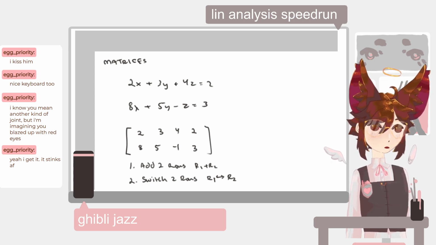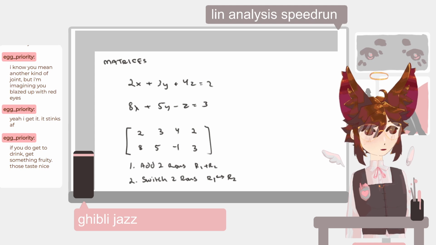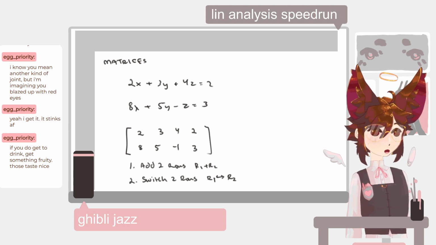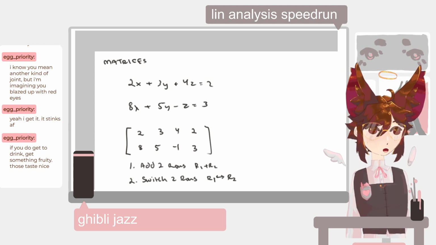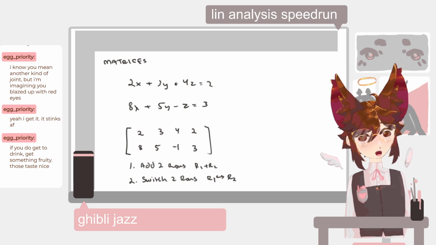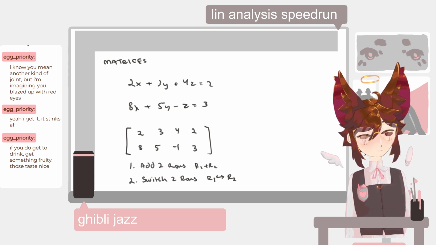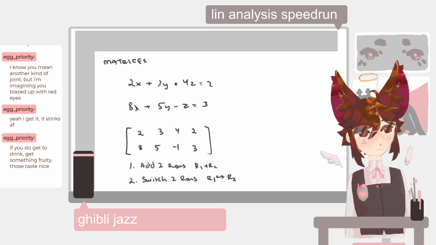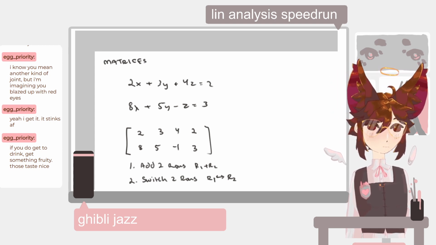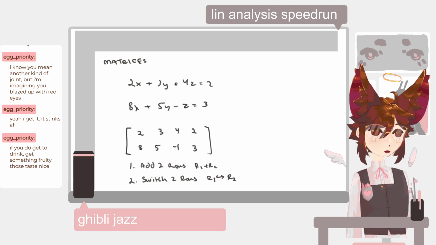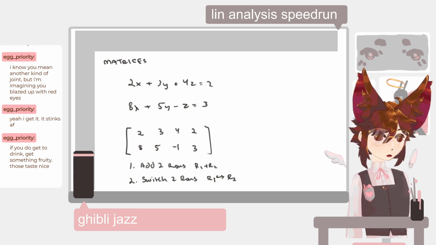It's weird to say you're 19 and ready to be 20. If you do get to get something fruity, those taste nice. Yeah, I would definitely be a bitch about the taste, I'm not gonna lie. It's funny, I'm on the older side for my year, but still pretty young. Don't really think about it that much though.